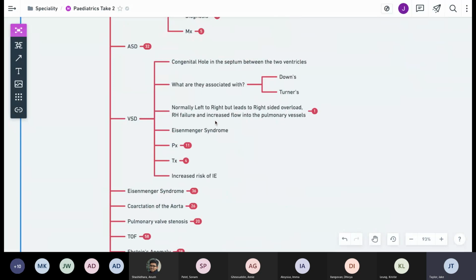So VSDs, acyanotic or cyanotic? Good. So these patients are acyanotic. And what murmur do you get with VSD?